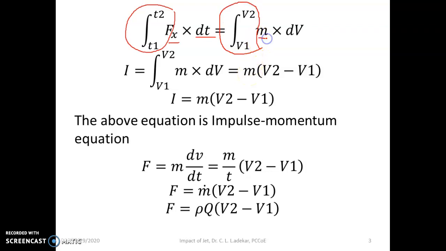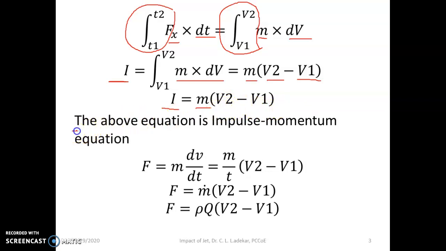It has certain mass, and the change in velocity takes place from v1 to v2 when you are applying the force from t1 to t2 time. The impulse, if you calculate, is the integral from v1 to v2 of m dv, which you can say is m into final velocity minus initial velocity, and impulse you can calculate as m into the change in the velocity, v2 minus v1.